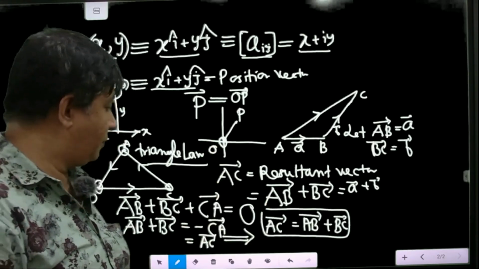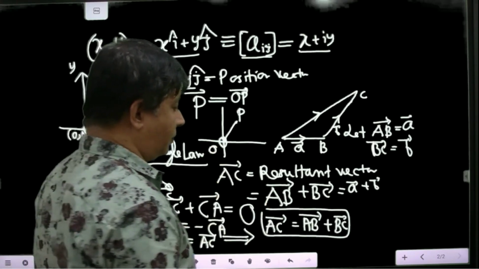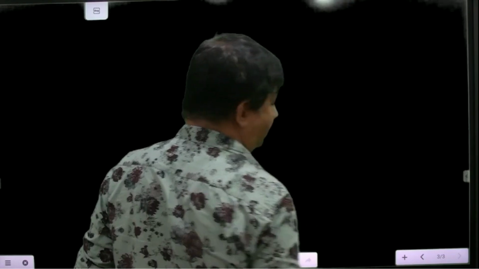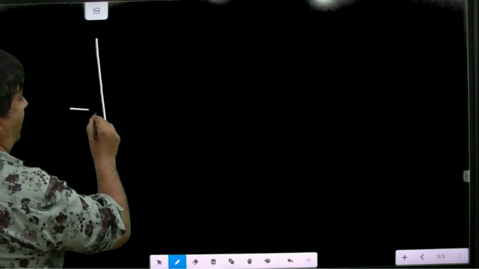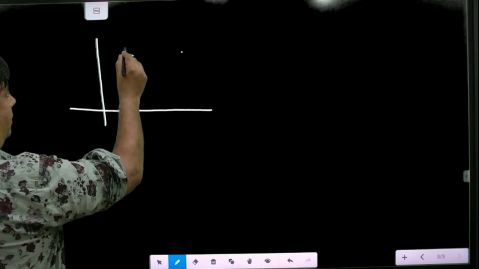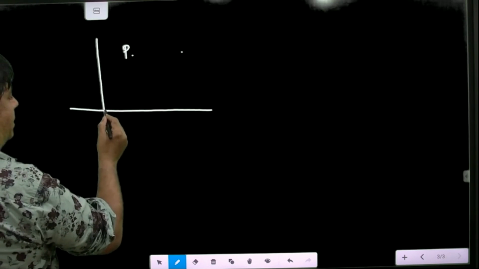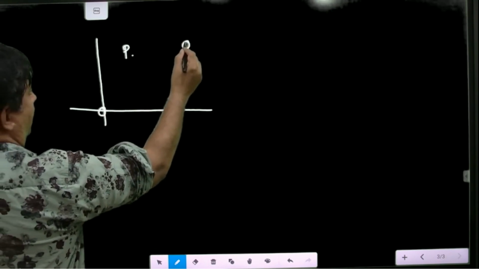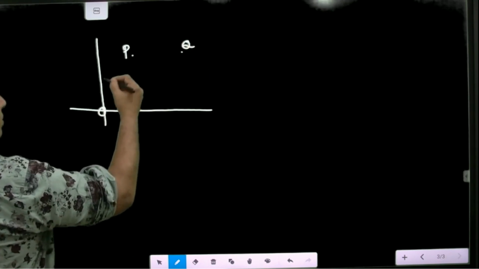Okay. Now, let us take in a plane, two points. One point is measured with respect to origin, another point also with respect to origin.